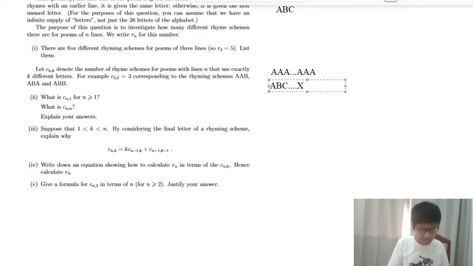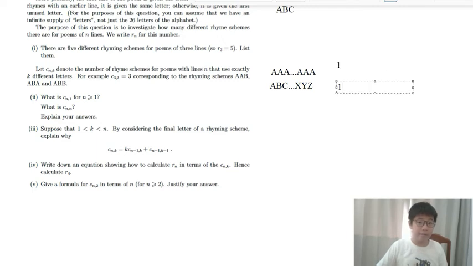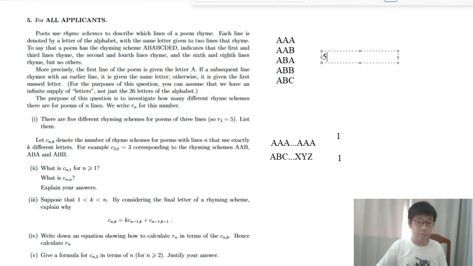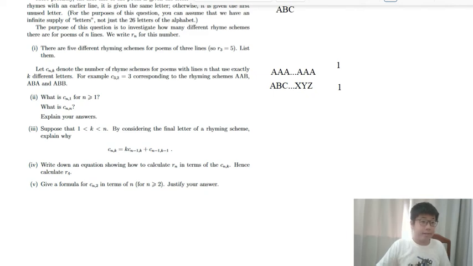Let's say this poem has 26 lines, so there's only one of them, so we'll have 1. Suppose that C_n,k, by considering the final letter of a rhyming scheme, explain why this holds.